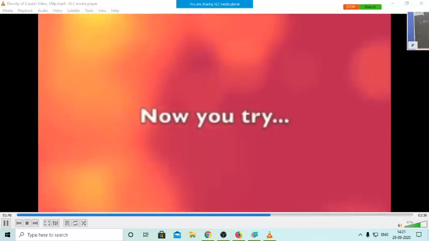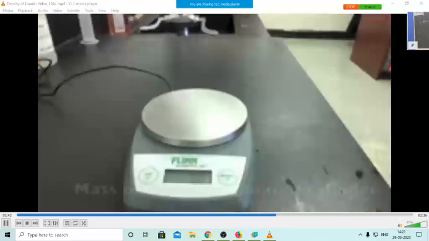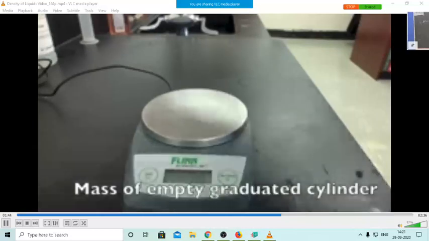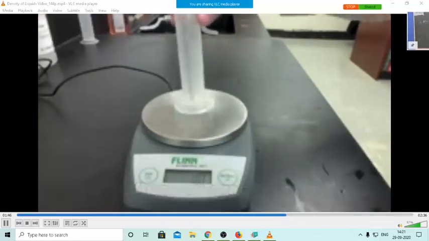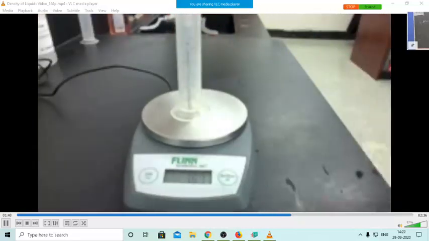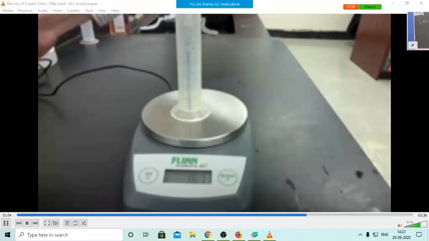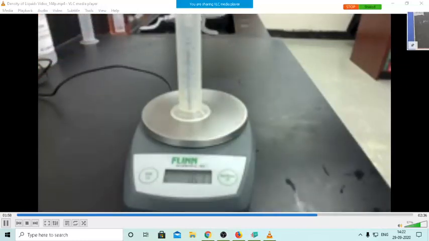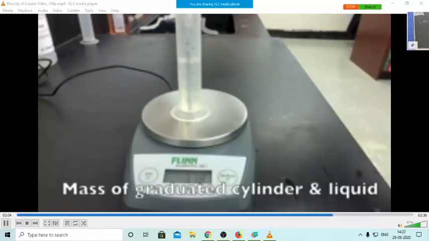Here's one you can try. You can work out the density of acetone. Here's the mass of the empty graduated cylinder. We add the acetone and get the new mass.